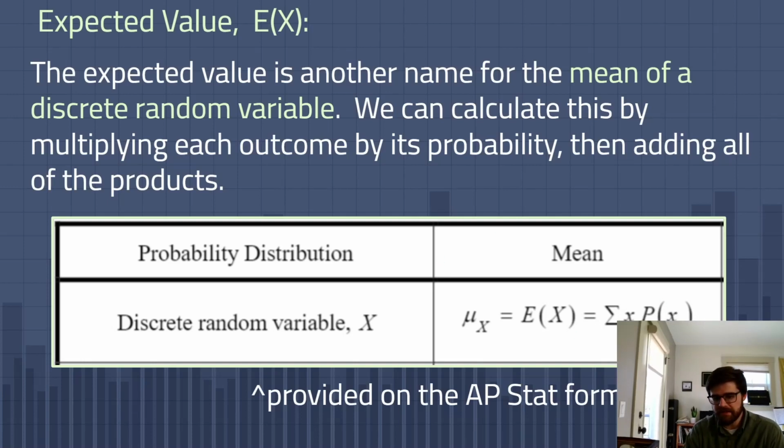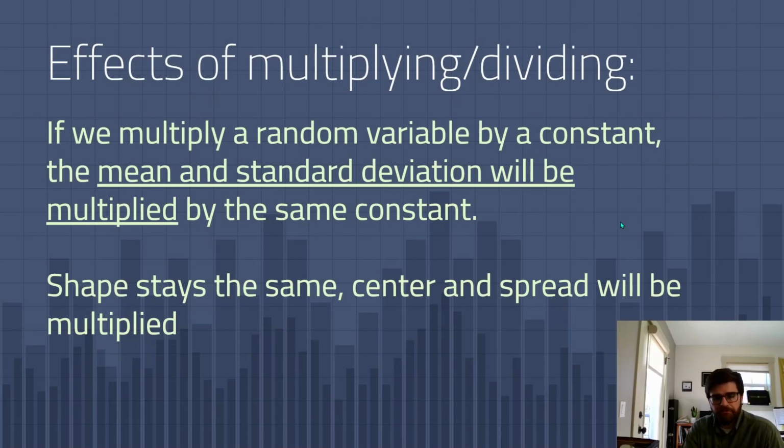To calculate that, we take each outcome, multiply times the probability, and add that up for all possible outcomes. You can find that again on your formula chart. And we just saw that if we multiply or divide by some constant, so we take all of our hours and multiply times 50, then the mean and the standard deviation are going to be multiplied as well. Okay, so you saw the mean went up by times 50 and the standard deviation went up by times 50.